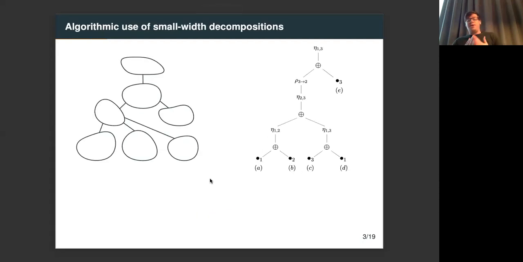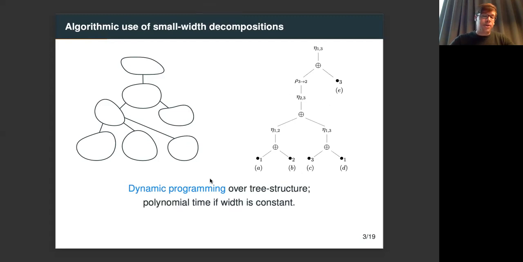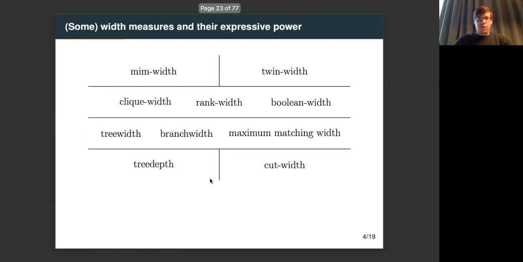Now, algorithmically, the way you use these width measures is always that you take this decomposition, which usually has a tree-like structure, and you do some type of dynamic programming over this tree structure. And then very often you get algorithms that are polynomial time if the width is constant. Okay, so there are many, many width measures.